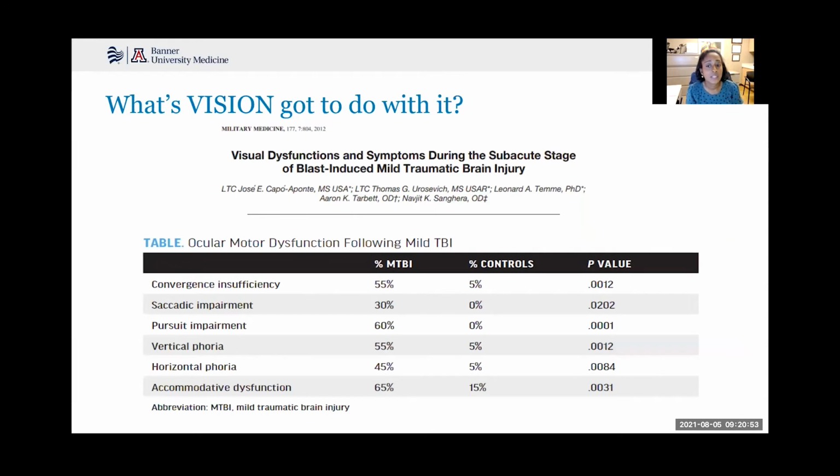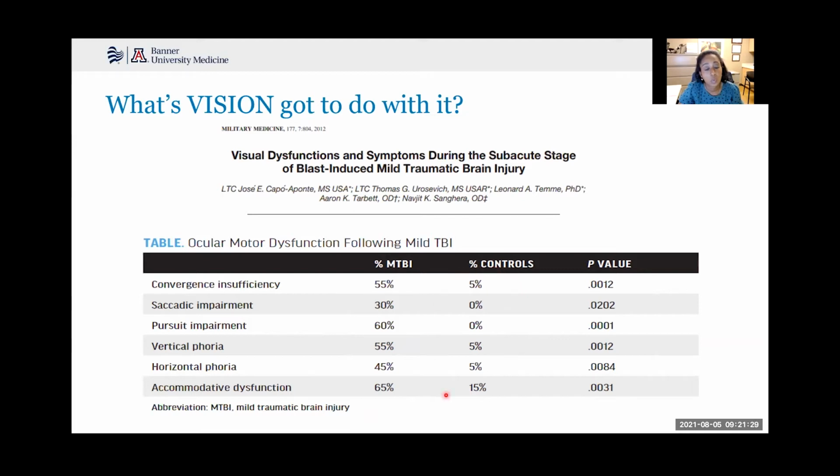And lastly, this quick study in 2012 assessed the occurrence of visual dysfunction and associated symptoms in active duty warfighters during subacute state of blast injury. So this is kind of an interesting one for me. It's not necessarily a direct blow to the head or body, but a secondary blow from a blast. And it was interesting to me to notice the clinically significant occurrence of these ocular motor and divergence problems with these warfighters compared to the non-injured control group.